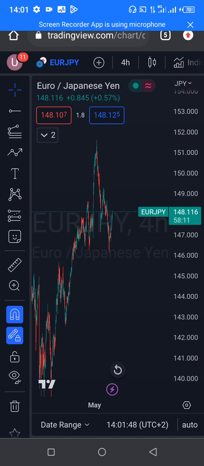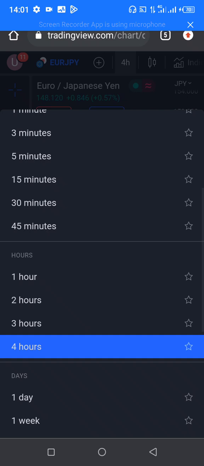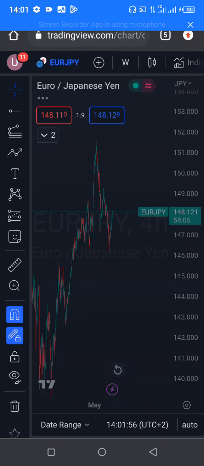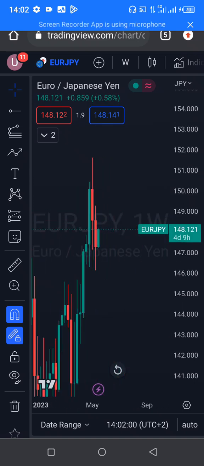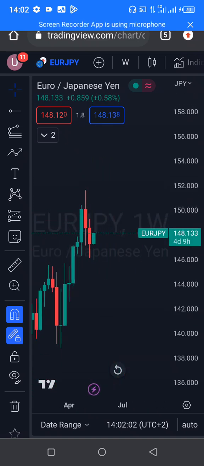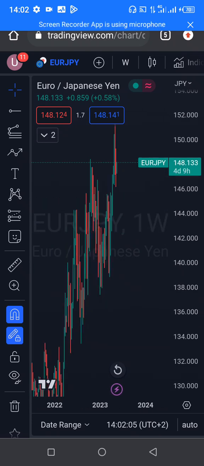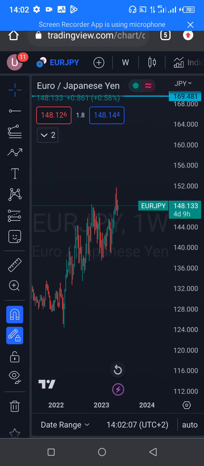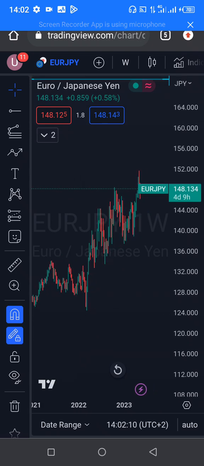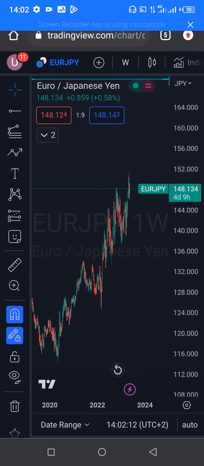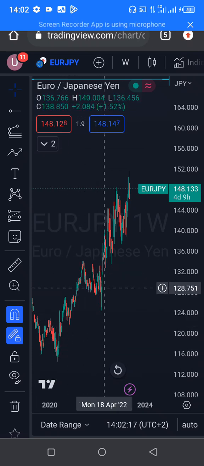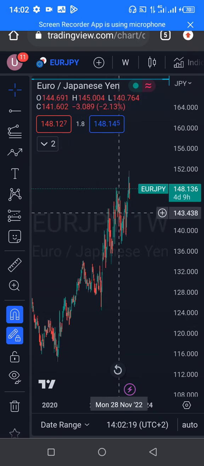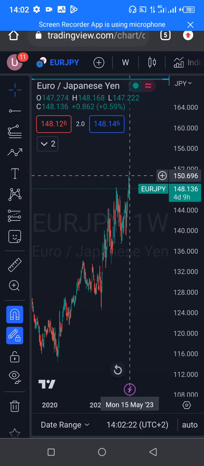For EJ, let's go to our weekly time frame to see the overall trend. The overall trend of our EJ is upwards from here, going up, pull back, up, pull back, up, pull back, then upwards.